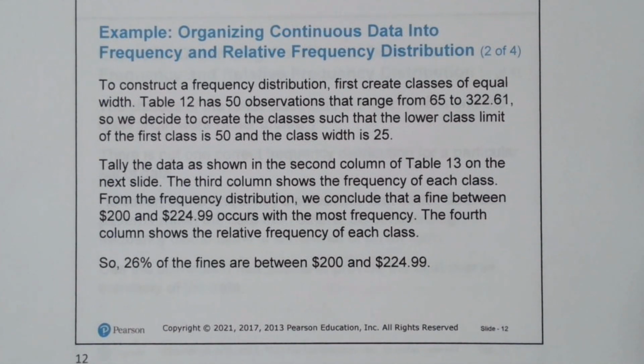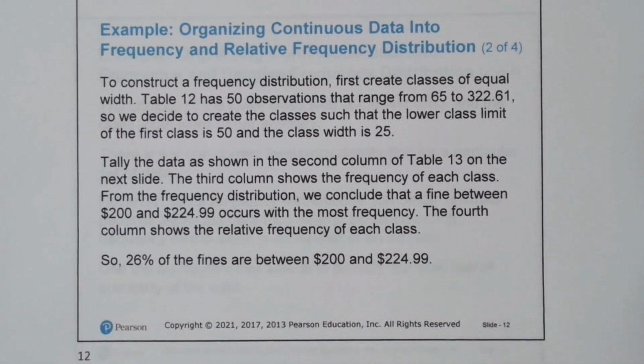This is something with experience, and it's a little bit of an art trying to figure out exactly how to go about doing that. But basically, if the lowest amount was 65, 50 is a nice number that we could start at. I think 60 would also be a reasonable number. Let's continue looking at what they said here. So it says tally the data as shown in the second column of table 13. And actually, we're just going to go ahead and move on to the next page.